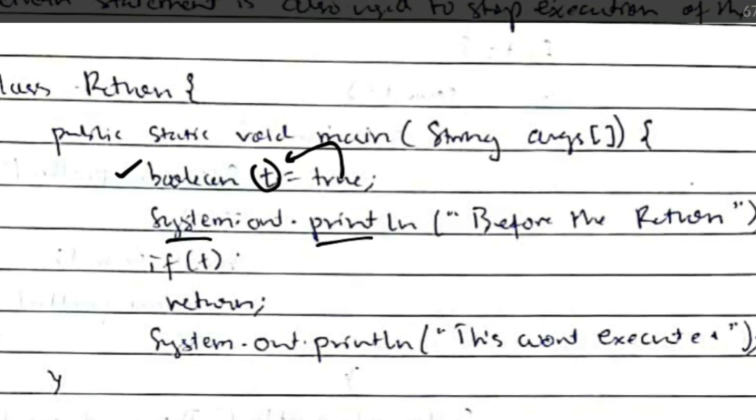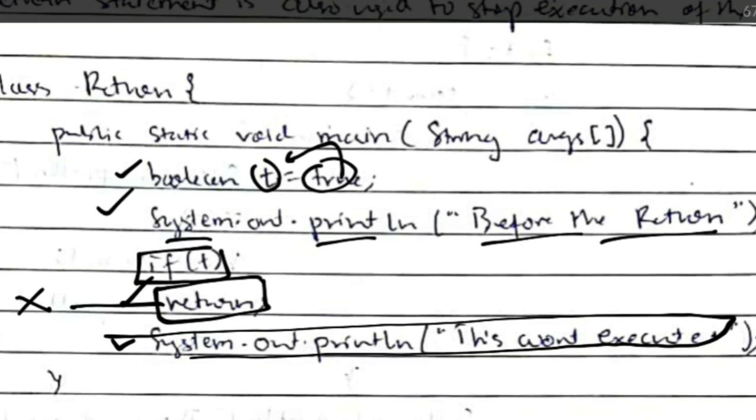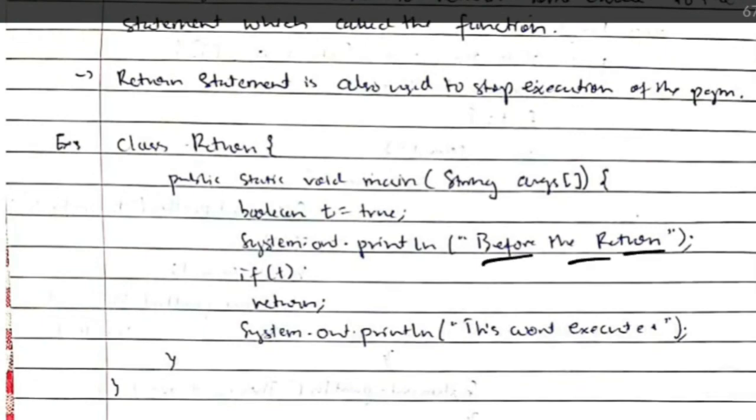Then I have printed before the return, so this will be printed, and then the if will be checked. If t is true, this will be executed here, return will be called, and the program will stop executing from here. So this won't be printed, this won't execute, rather the program execution will stop, and the only output we see is before the return.